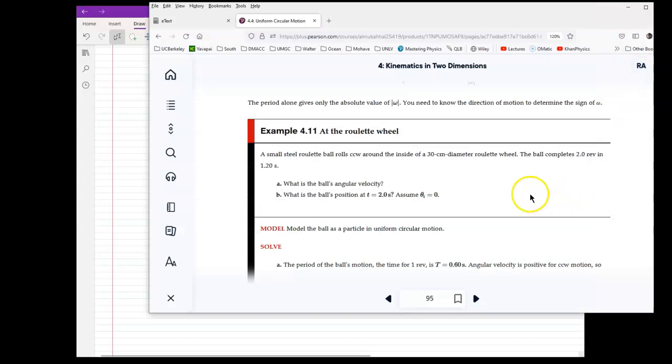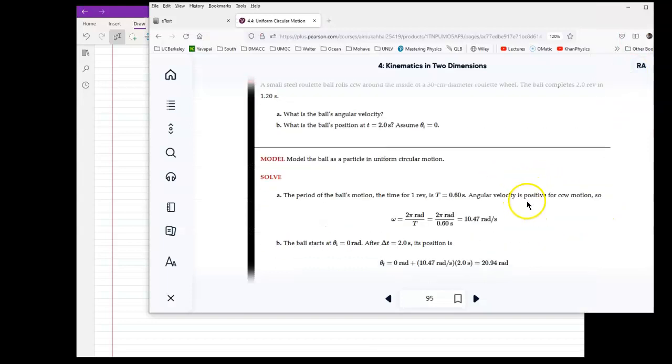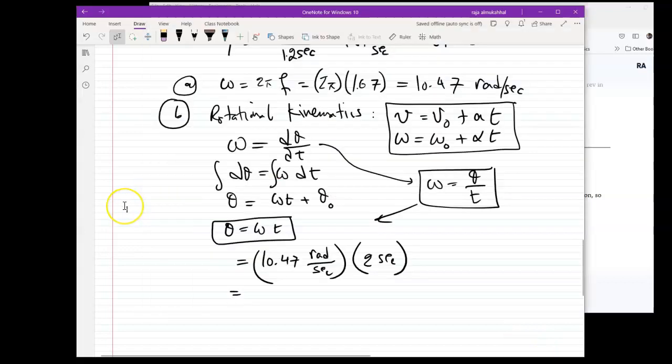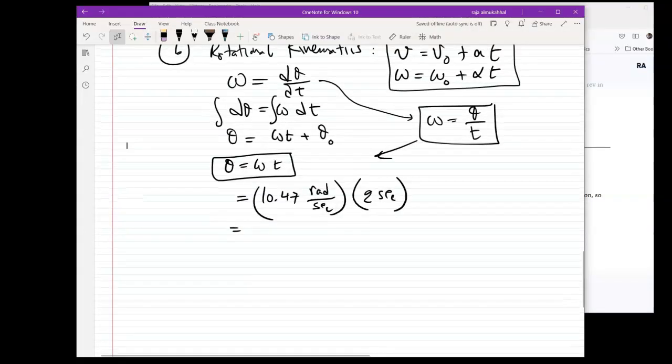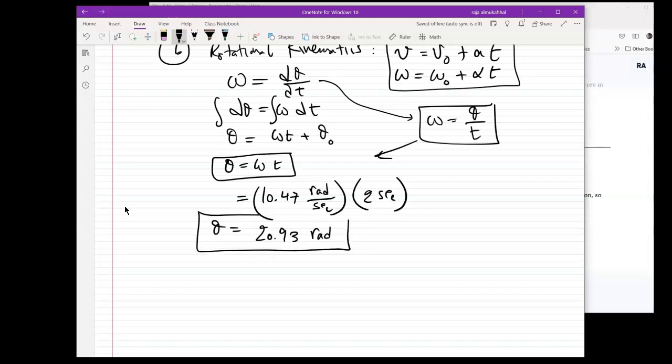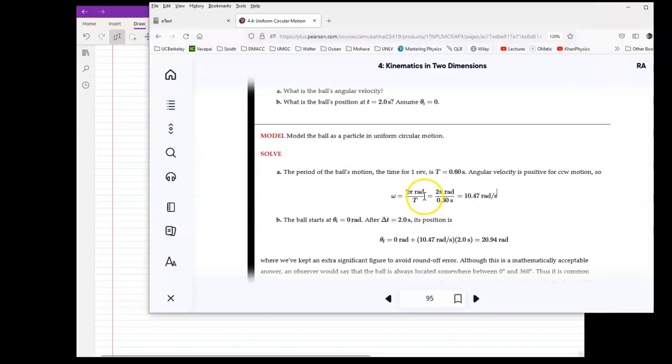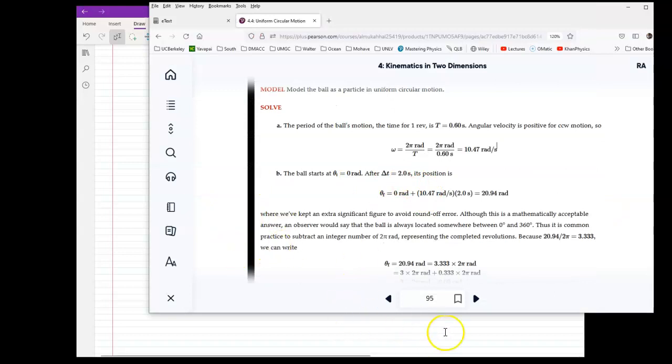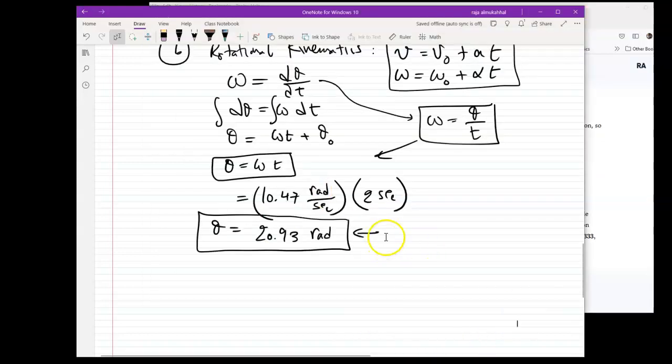What did he get, 21 or 20? Yeah, 20.9, that's what I got. So theta is equal to 20.93 radians. And there we go. I hope you know how to convert radians into degrees if he asks you for that.